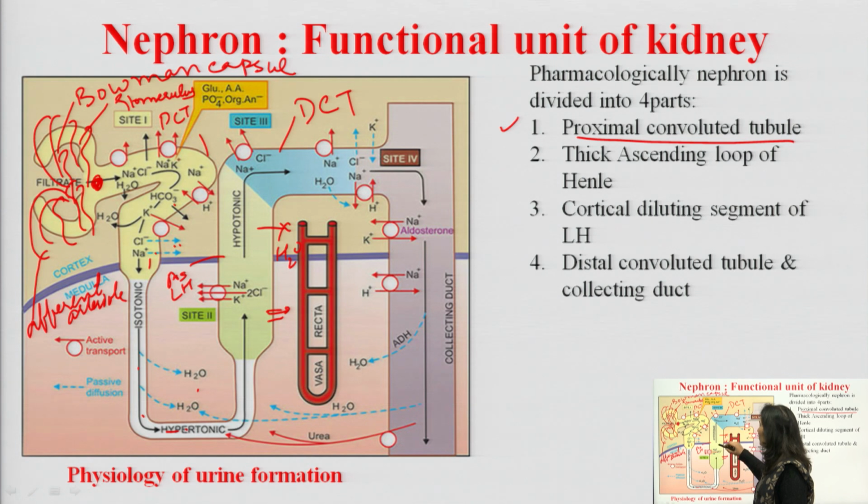This hypotonic fluid from the ascending loop of Henle goes to the distal convoluted tubule, where 8 to 10% of the sodium gets reabsorbed through the sodium chloride co-transporter.